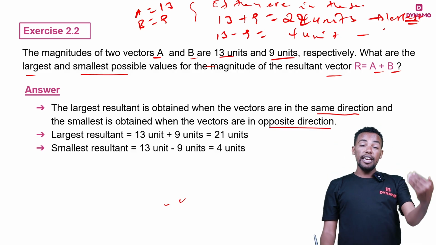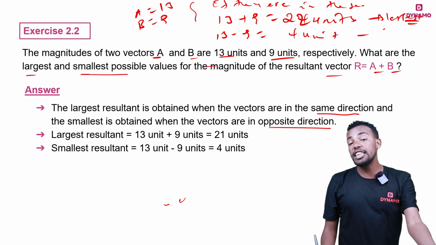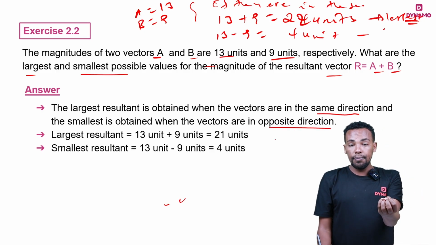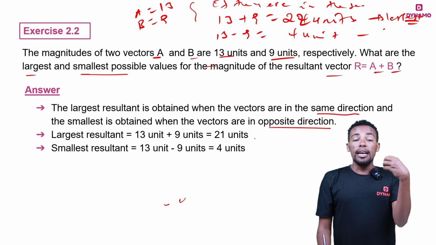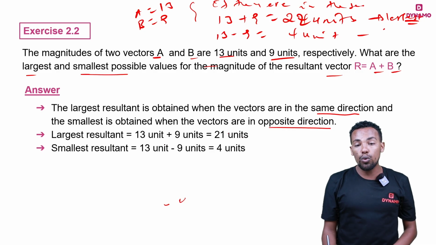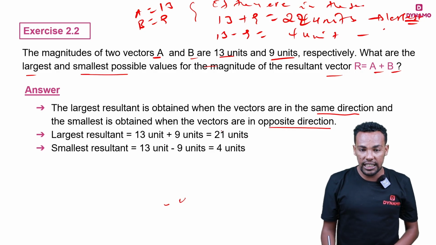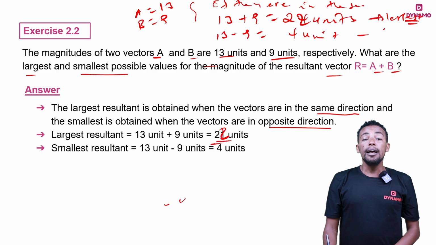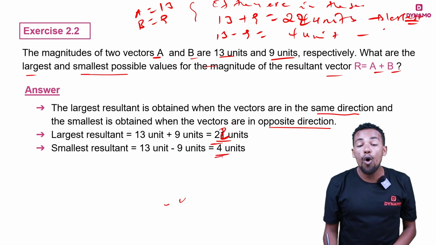Kanaaf gaafa walitti dhaanu the largest resultant is 13 plus 9 units, which is equal to 22. Gaafa walitti dhaatan 22 unit dhufa, smallest isaa 4 dhufa jechuudha.